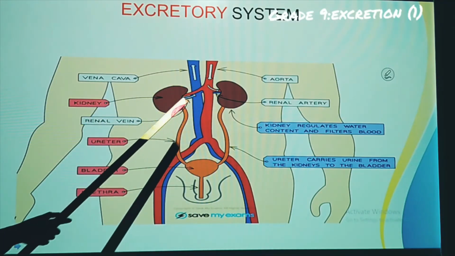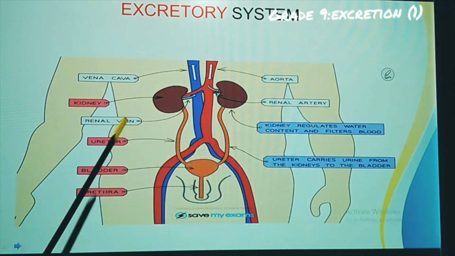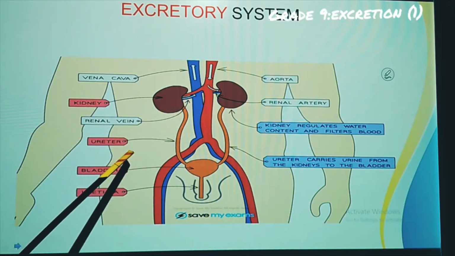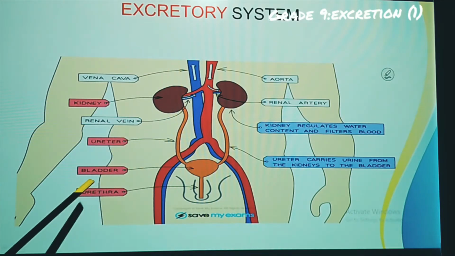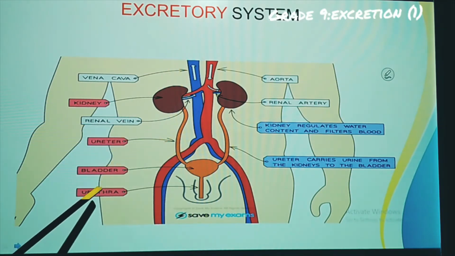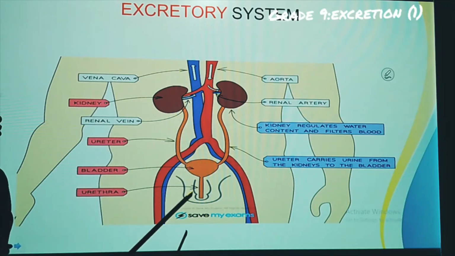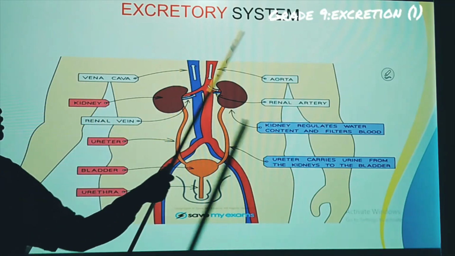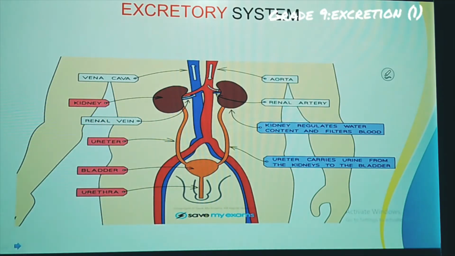We have the renal artery, the renal vein, the ureter, the bladder, and the urethra. Briefly, I need you to just look at this diagram before I take it off the screen for 1 minute because we'll be discussing this shortly.